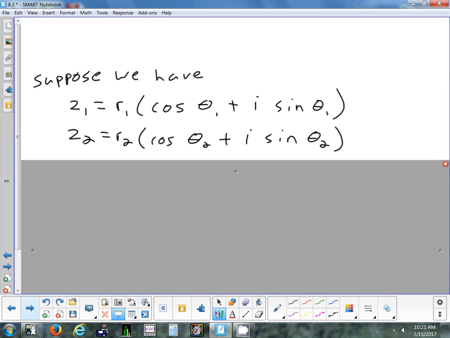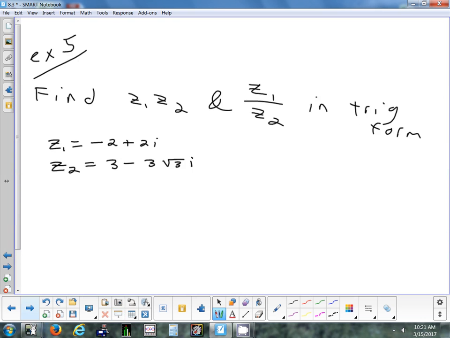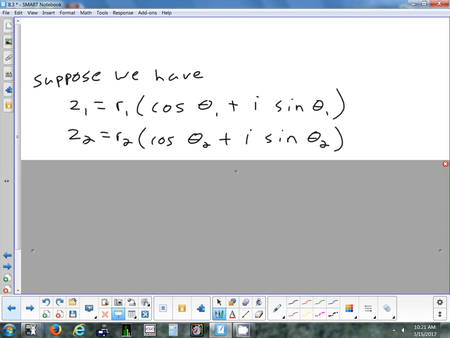Z2 has an angle of theta 2. So when we do an actual problem, it's going to look more like this. You'll be given the radius, and you'll be given the angle. Or if you're not given it, you'll have to find it, the way we just did in the last problem.